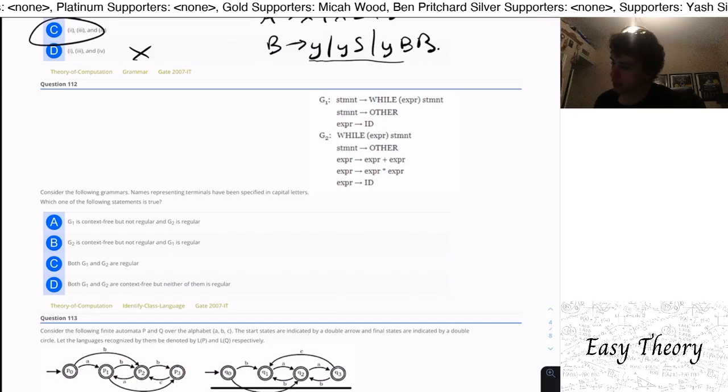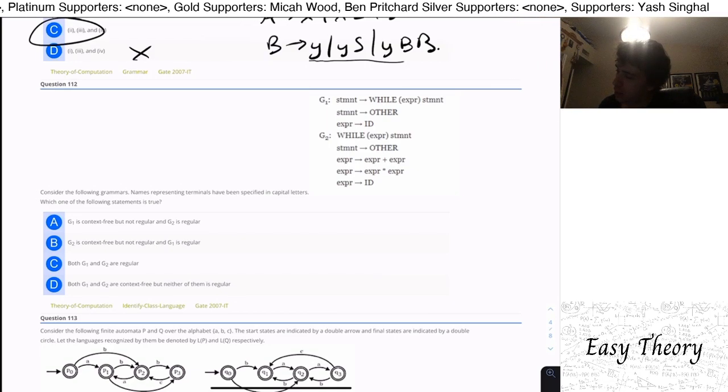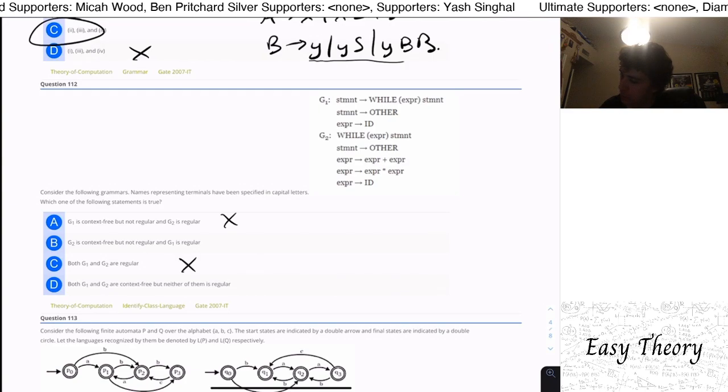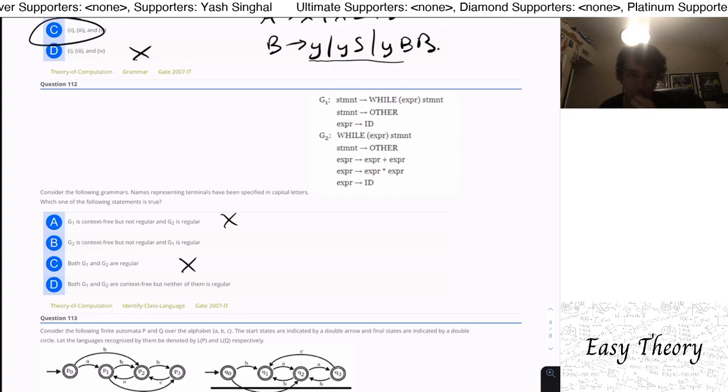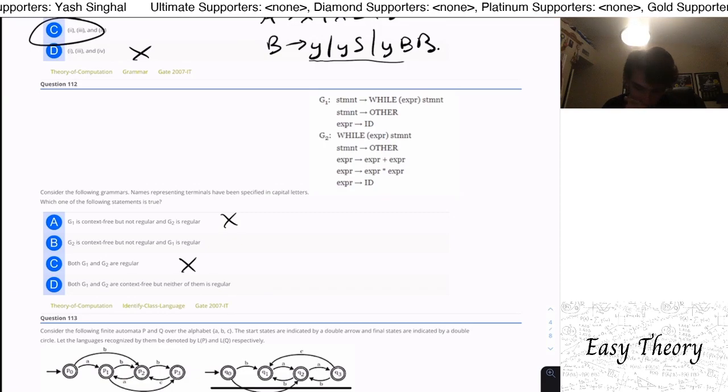Well, I mean, they're both context-free, but are any of them regular? Well, G2 is not regular. So it's not this one, not that one. So what about G1? Yeah, G1 is regular. So B is true.